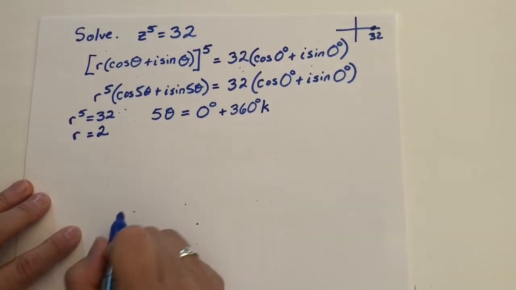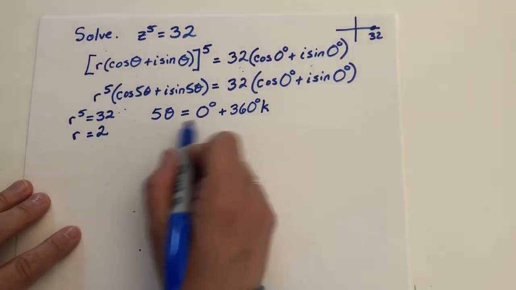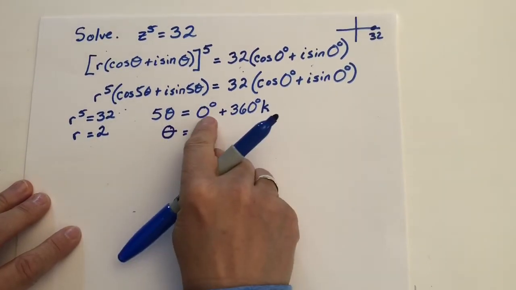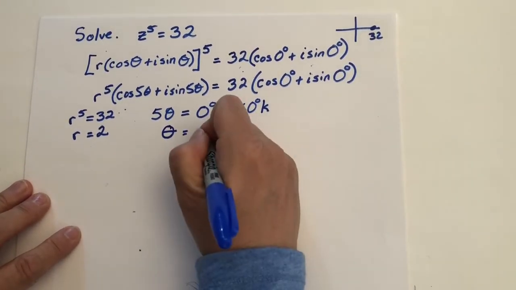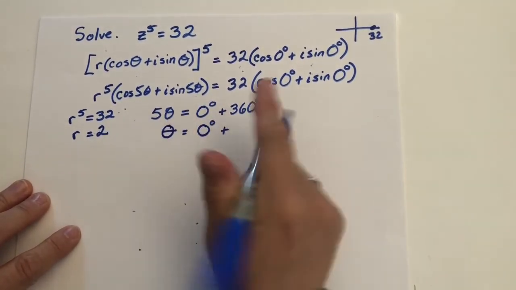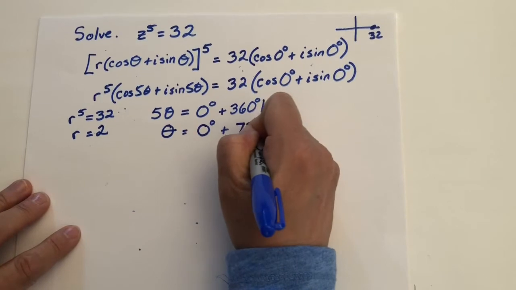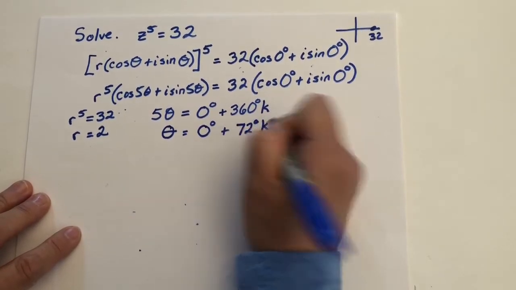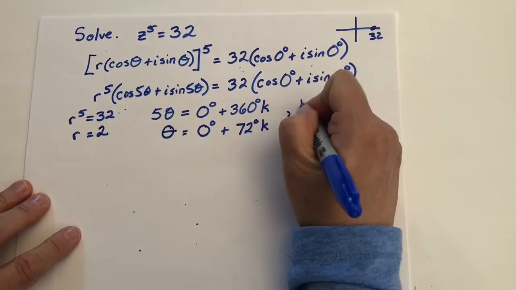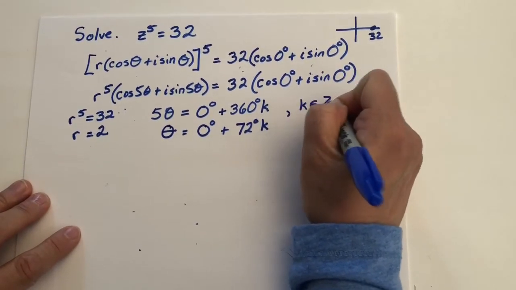If I divide both sides by 5, I will get values of theta. 0 degrees divided by 5 is still 0 degrees. 360 degrees divided by 5 is 72 degrees. And remember, this is for any k value that is an integer.